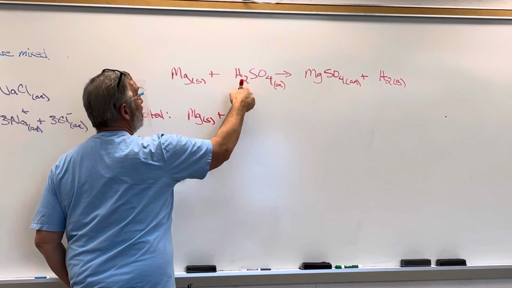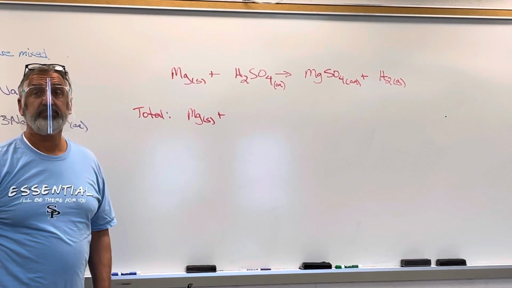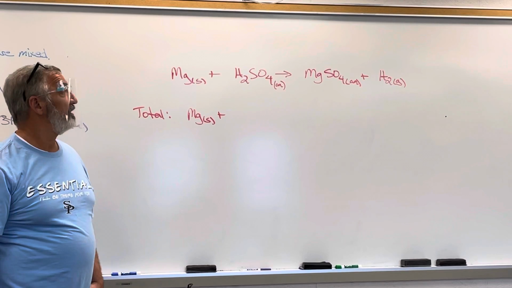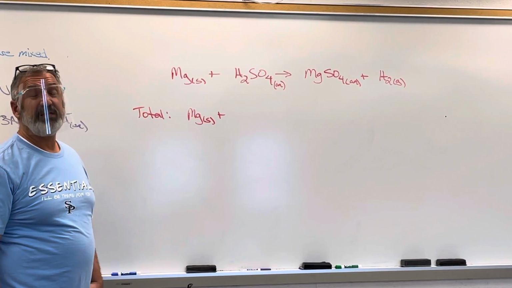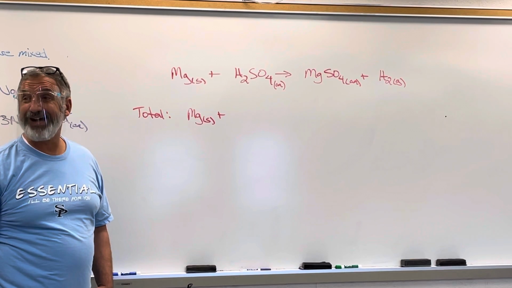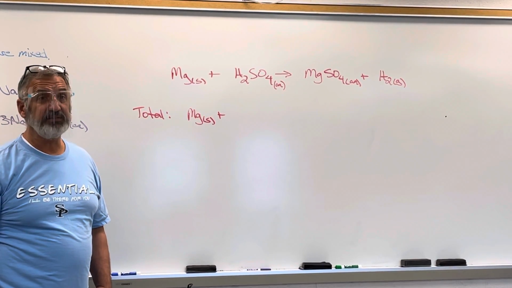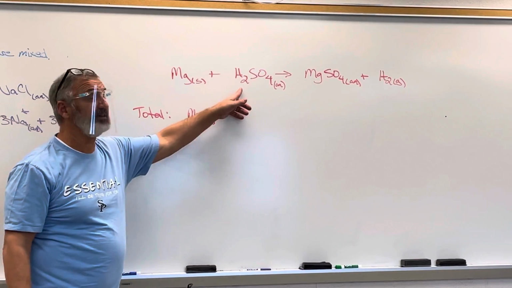Now this is a strong acid, so it's going to break up into what? Two H, not H2. Two H, because what's the ion? H plus. It's not an H2 ion. We're not making hydrogen gas here.